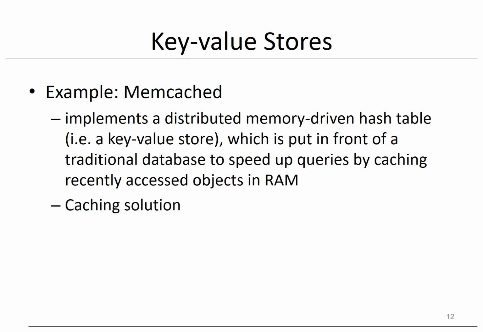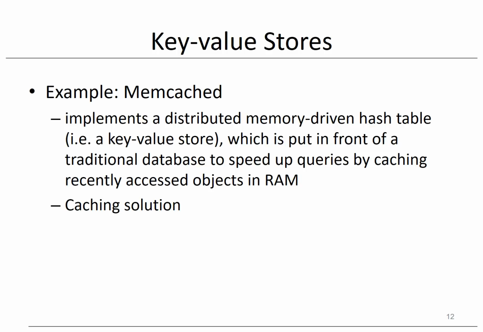A famous early example of a NoSQL database built on the ideas explained earlier is Memcached. Memcached implements a distributed, memory-driven hash table, or key value store, which is put in front of a traditional database to speed up queries by caching recently accessed objects in RAM.